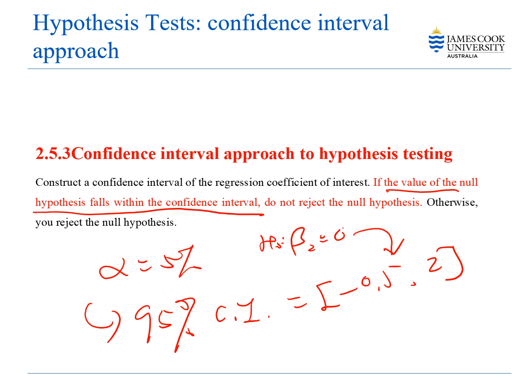We do not reject the null. If the 95% confidence interval we compute is 0.5 to 2, then now 0 is outside this interval, and we reject the null hypothesis.